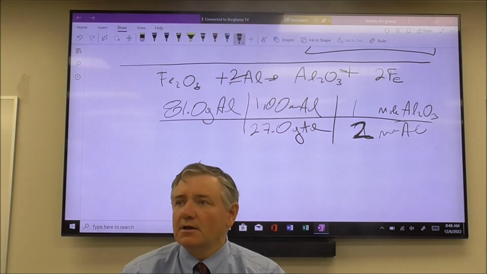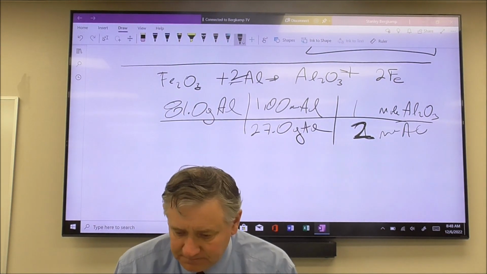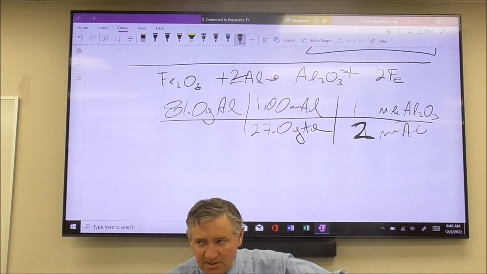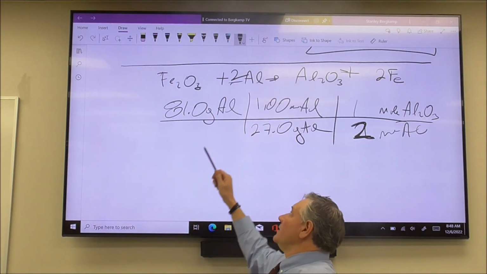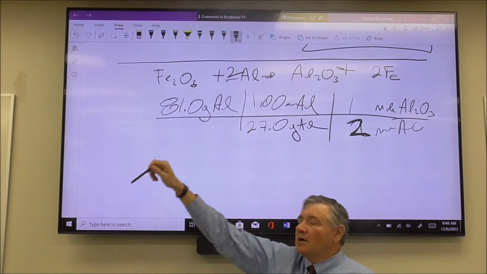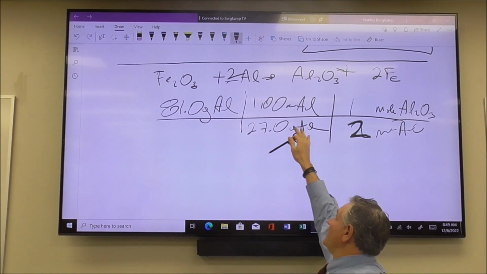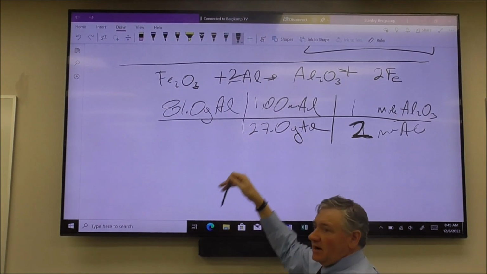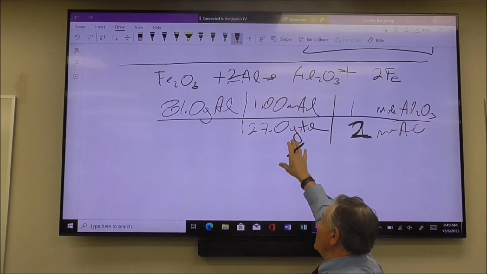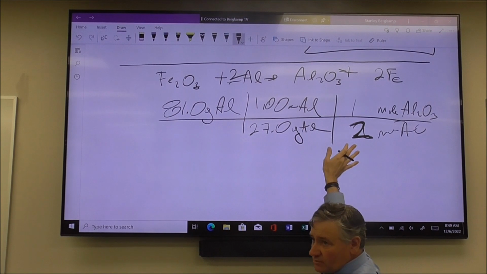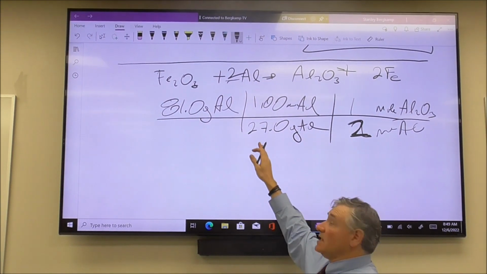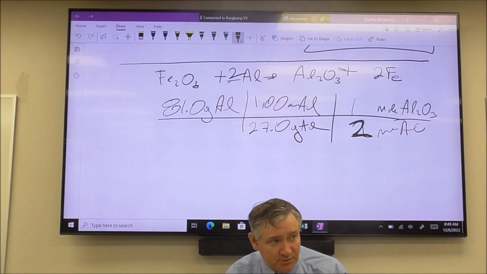So here's what you're going to do, and you have to be careful about how you sequence this into your calculator. You're going to take 81 times 1 times 1, otherwise known as 81. When you punch this into your calculator, you can't punch in 81 divided by 27 times 2, because it's going to divide by 27 and then multiply by 2.